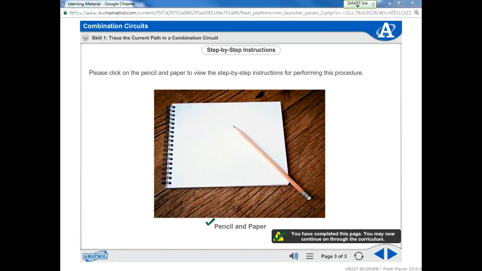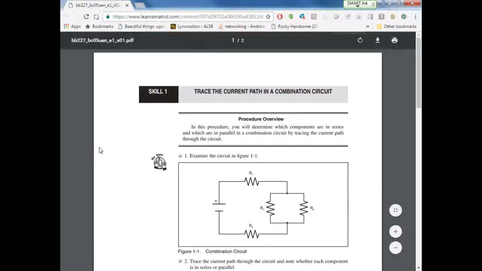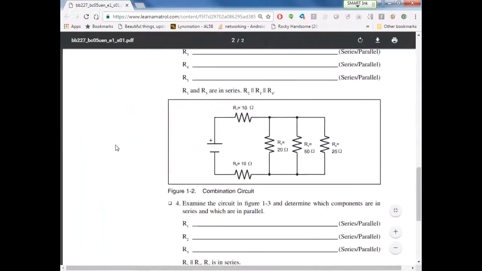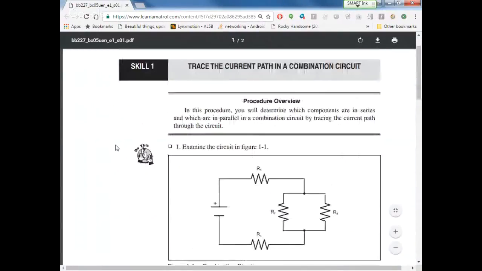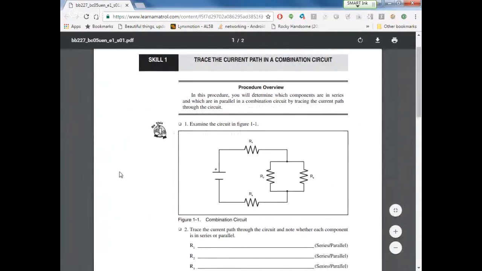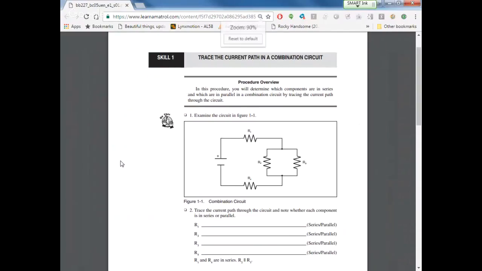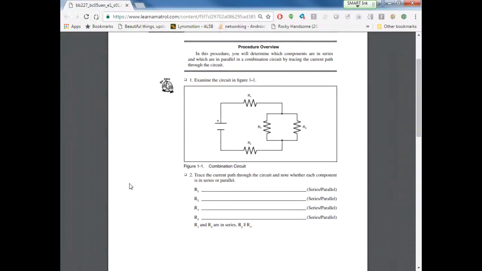It just opened it in another browser window. I have like 20 of them open now. So this is skill 1, and I believe this is also skill 1 on the document I handed you, correct? You're right. So you have it on your sheet that we can work through.